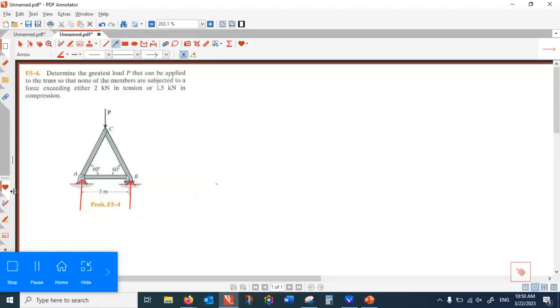Generally speaking, that's a pin. A pin has both components, but because of the symmetry, even without doing any calculation, I know that AY is P by half, B is P by half. That's because of the symmetry.